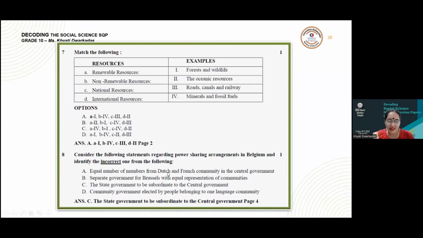Let's look at question 8. Consider the statements regarding power sharing arrangement in Belgium and identify the incorrect one from the following. Once again, they have highlighted incorrect. I think the statements are simple, and picking up a statement is also equally simple.